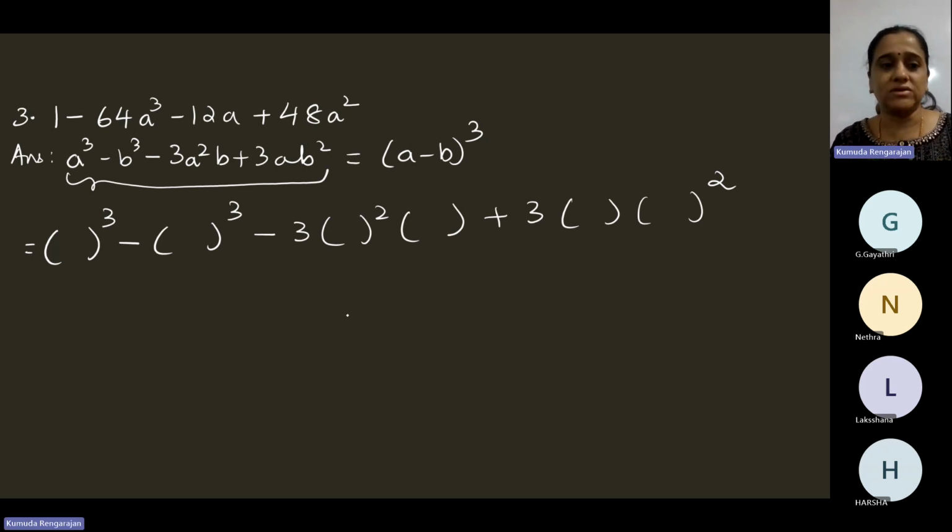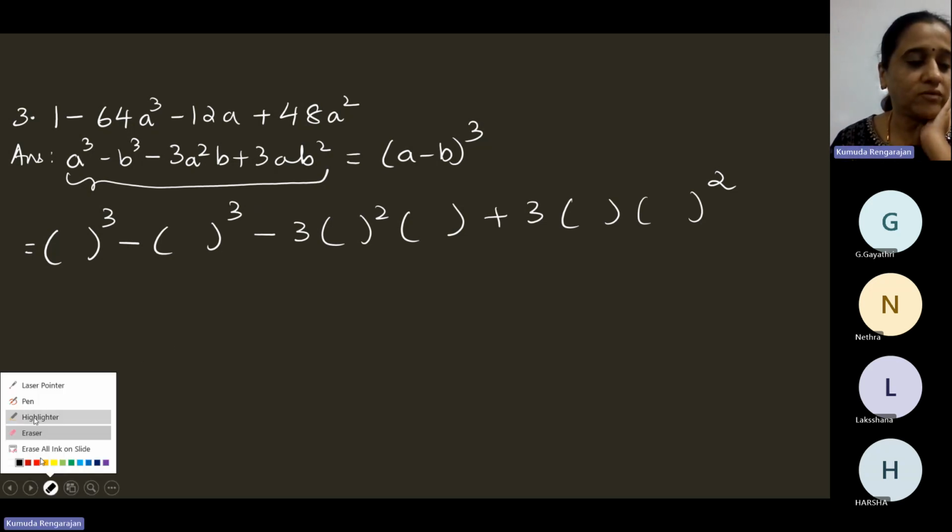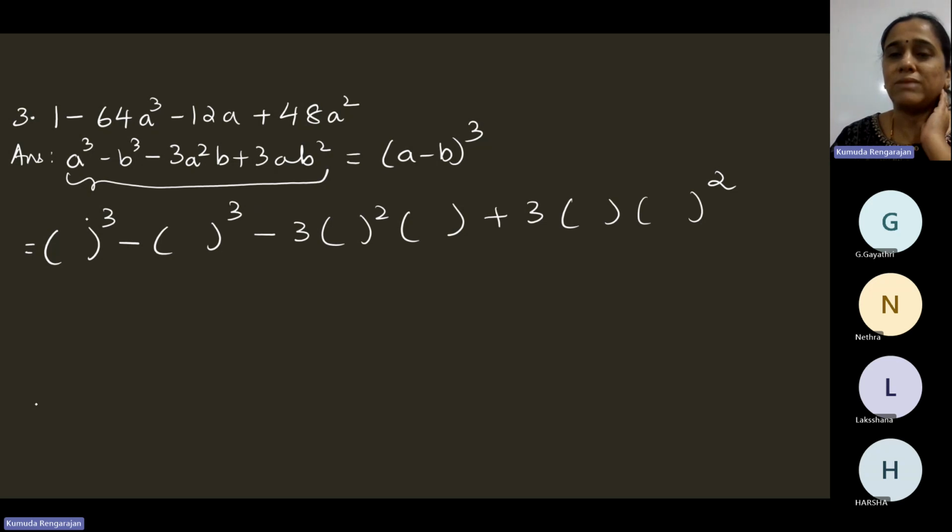The other things are fixed, like cubed is fixed. So what you don't know, what you have to figure out, leave it empty. What you know from the identity, you can write. So a, I don't know, cubed minus b, don't know, cubed minus 3a squared b plus 3a, we don't know, b squared. So first write this presentation using empty brackets. Now fill in the blank spaces.